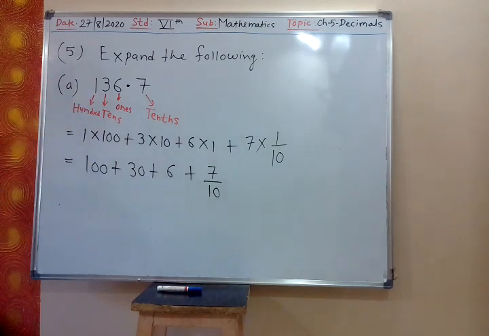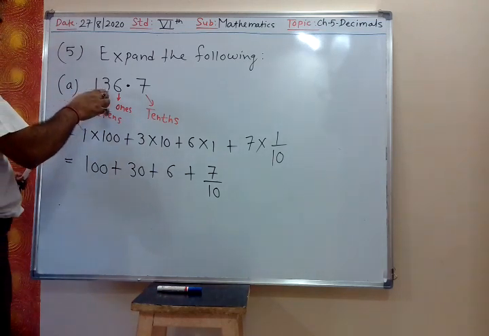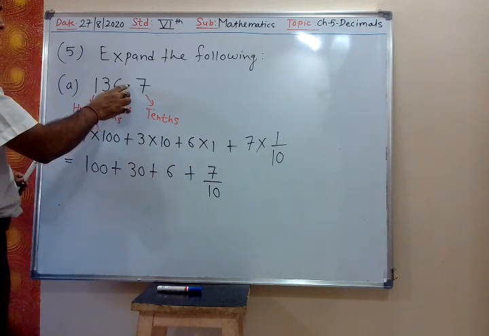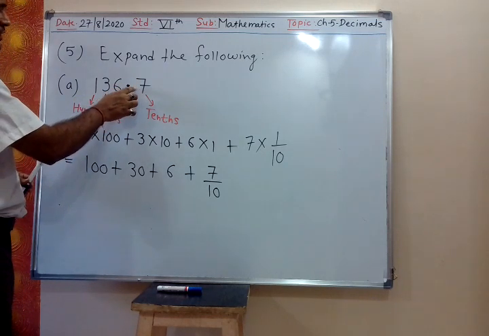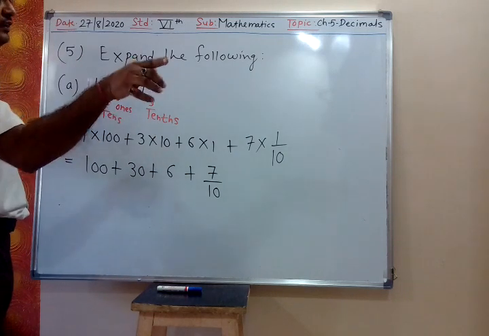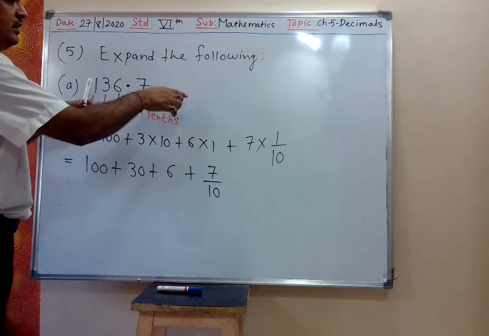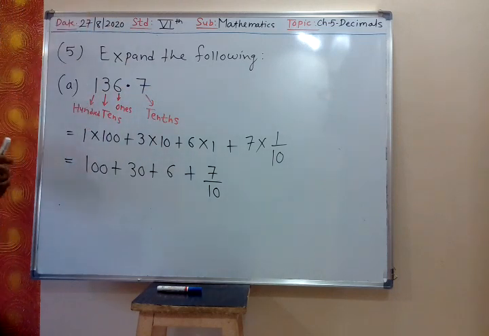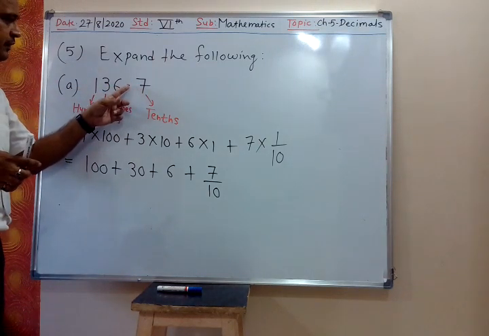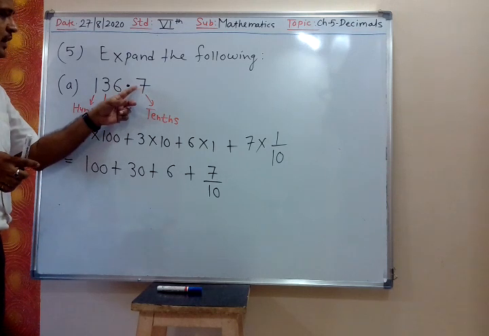This is ones, tens, hundreds, and after decimal, the first digit will be tenths, the second digit will be hundredths, the third digit will be thousandths. Because after decimal it is the first digit.